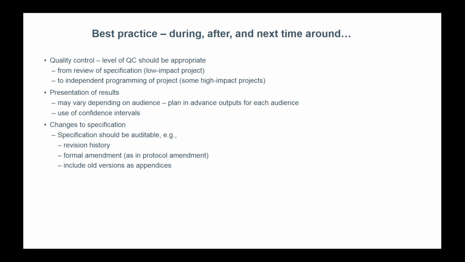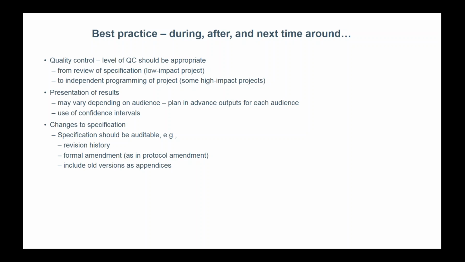With regard to presentation of results, a number of people have realized that the results of a modeling and simulation project could be presented to a variety of audiences, and it's recommended to plan in advance the outputs for each audience.